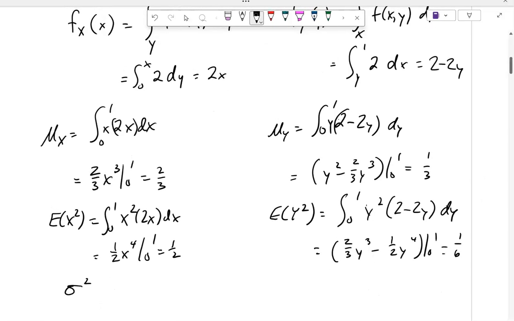I know I'm doing the integrals quickly, but they're polynomials. So I'm hoping that you can do your integrals of your polynomials. To find the variance now, what do I need to compute? Good, yeah. The expected value of x squared minus the mean squared.